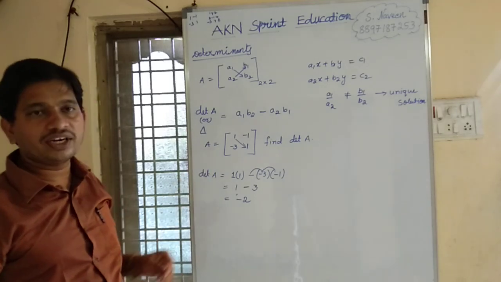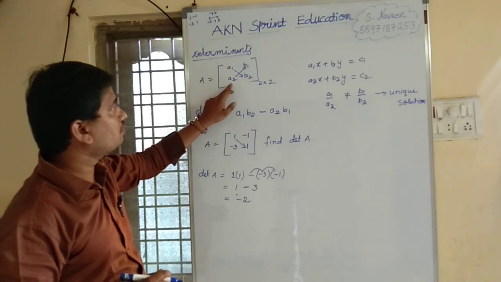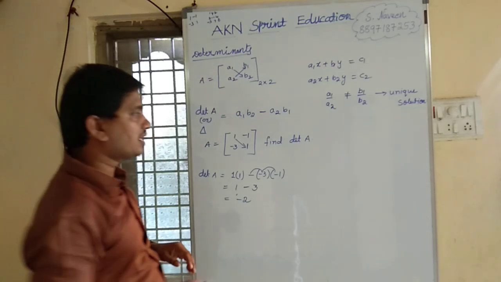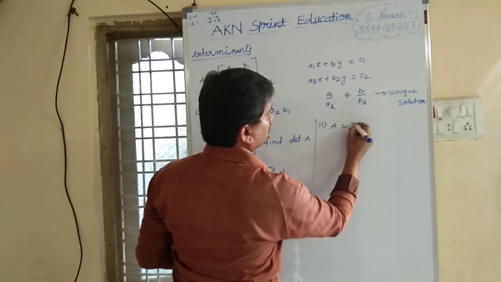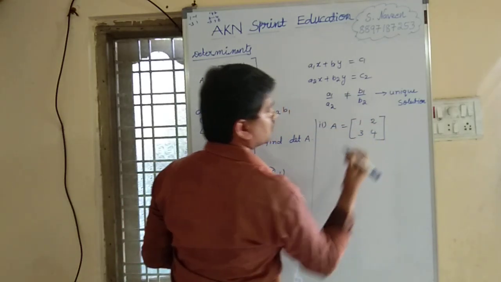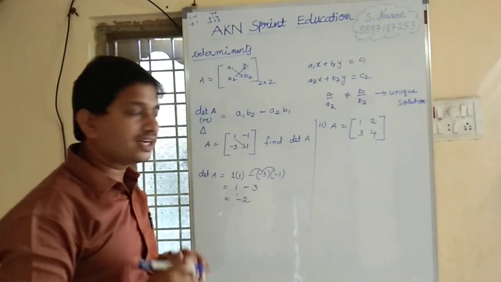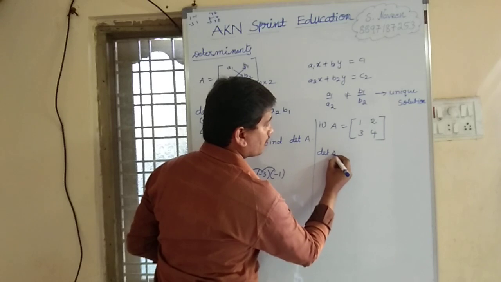Children, you understood how to find the determinant of a given matrix? The formula is what? a1 b2 minus a2 b1. For example, consider one more matrix. A equal to, let the matrix be 1, 2, 3, 4. Then how to find det, in the sense the determinant of A?